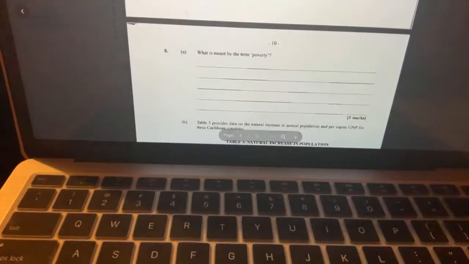I'm predicting it. What is meant by the term poverty? What is poverty?